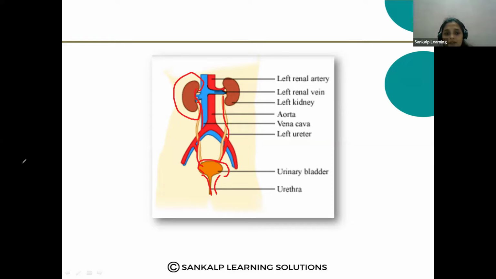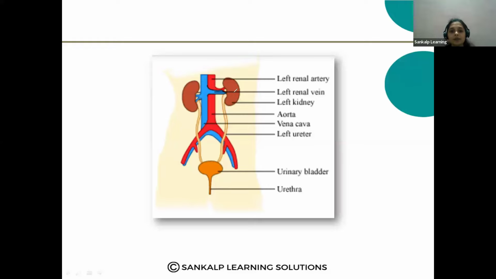So this is the structure of the excretory system, which contains a pair of kidneys, a pair of ureters, the urinary bladder, and the urethra.